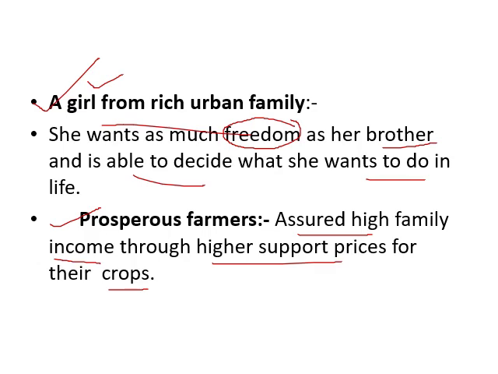He wants higher family income and also a higher support price. This higher support price will be provided by whom? By the government. So in each and every category we have different development goals. This is how development changes from one person to another.